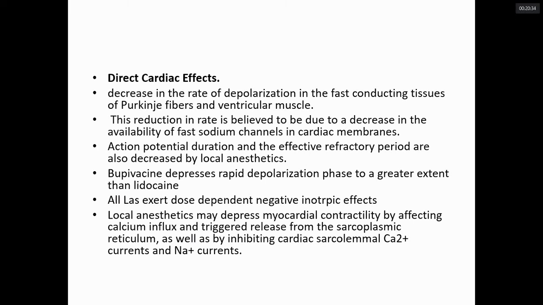And another hypothesis is local anesthetics may depress myocardial contractility by affecting calcium influx and trigger release from sarcoplasmic reticulum, as well as by inhibiting the cardiac calcium currents and sodium current. Basically, they also are believed to be blocking the calcium currents apart from sodium channels.